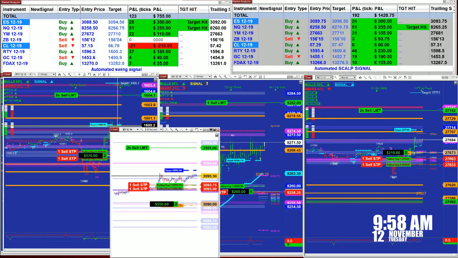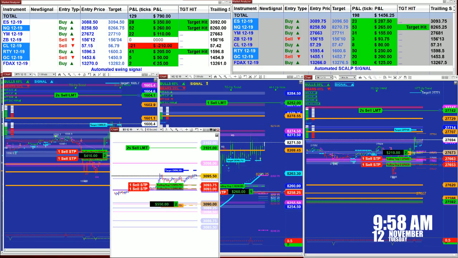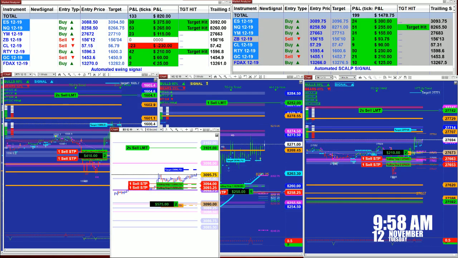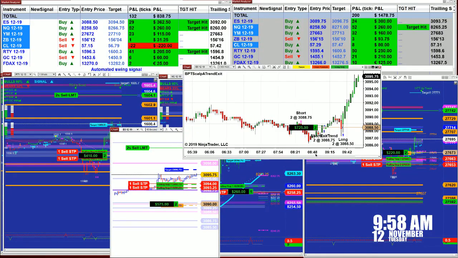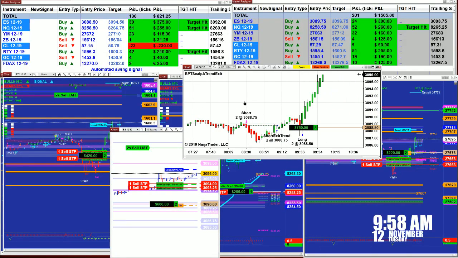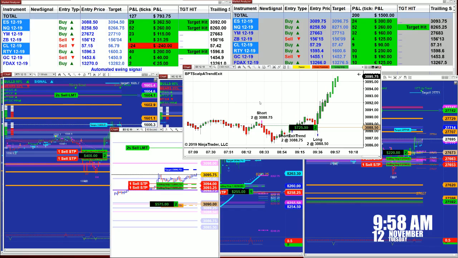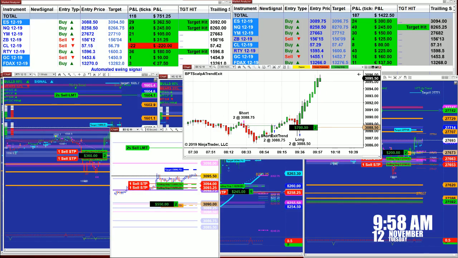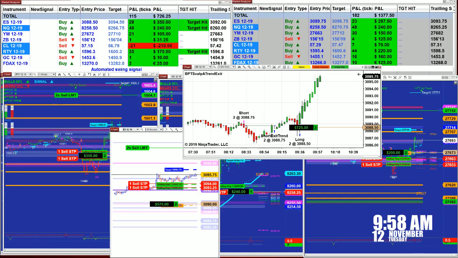Let me see if there's anything left on the full automated trade. This is a totally different automated trade. It is in your package. There are a lot of automated trades, by the way. This one here is based on the 3 minutes. We had the first trade. We started around 8:30, and we took the first trade to break even.